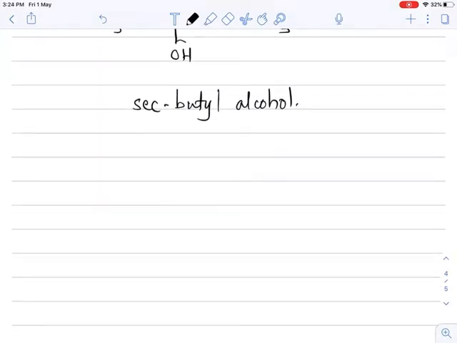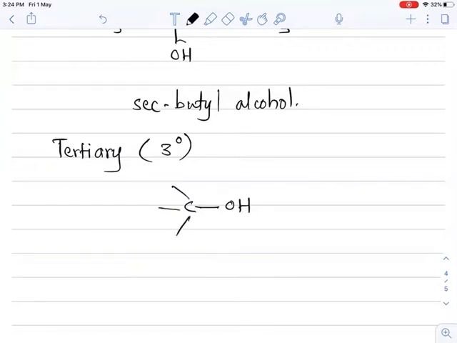Now the next type is tertiary alcohols. Tertiary alcohols, that is, the carbon attached with the OH group which is attached to 3 other alkyl groups, or we can say the carbon attached to the OH group which is bonded with 3 other carbon atoms.